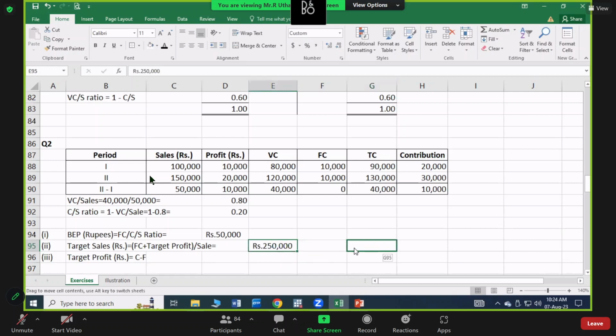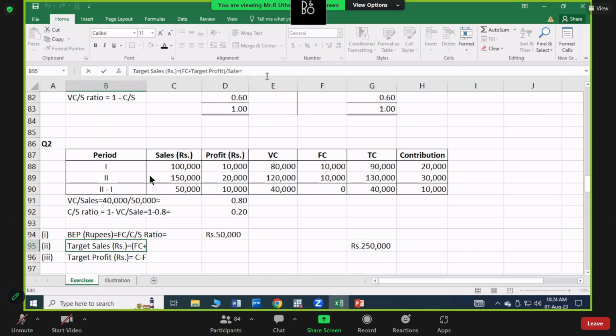So we want to substitute further. Target sales is equal to fixed cost 10,000 plus 40,000 target profit, divided by 0.2, is equal to 50,000 divided by 0.2.